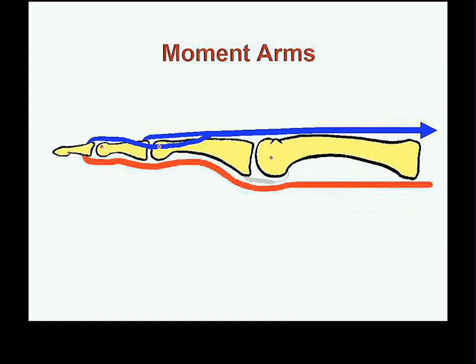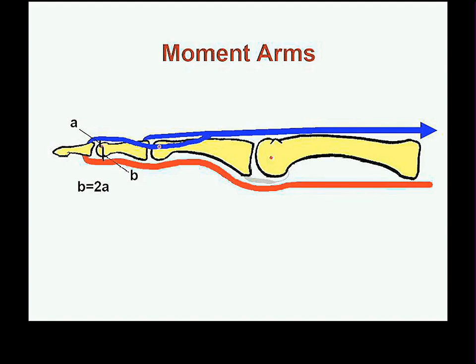So the equations I'm going to write will deal with each of these three joints. Here's the axis of rotation of the MCP joint, the axis of rotation of the PIP, and the axis of rotation of the DIP joint. The terminal tendon has a moment arm of A. More physics, right?